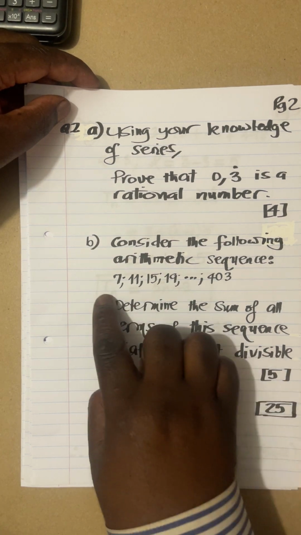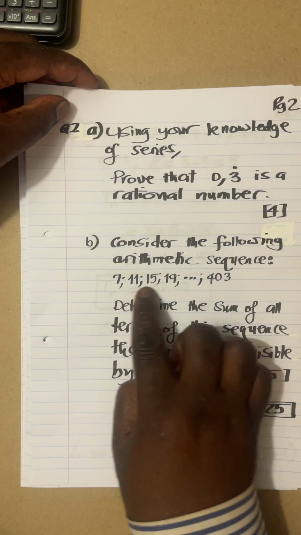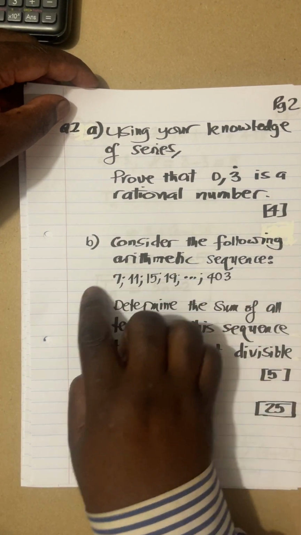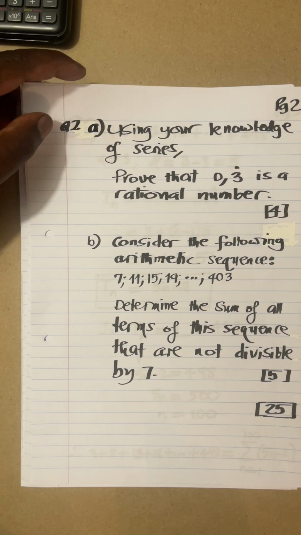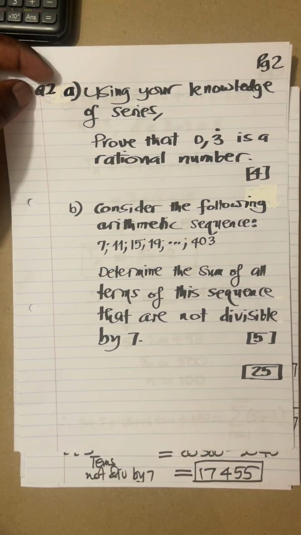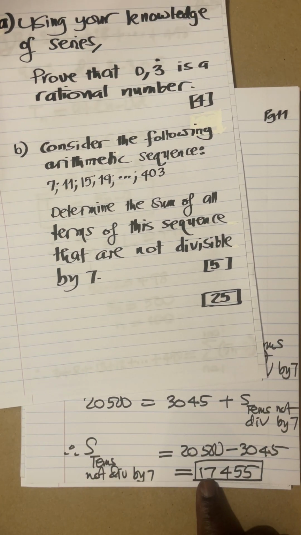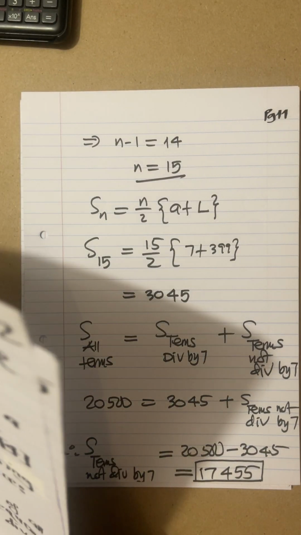So we had to work out the sum of all terms, and then get the sequence of terms divisible by 7, find the sum, and then subtract the sum of all terms divisible by 7 from the sum of all terms. And then what we got was 17,455 as the sum of all terms not divisible by 7.